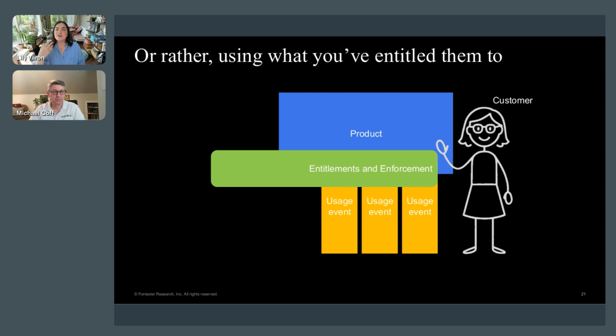It's usage that they are entitled to, and it is enforced in hopefully as close to real time as possible. That is allowed or disallowed or managed. That access and entitlement is managed in line with the usage activity and the customer activity in the product, right? And so that's an important layer here.